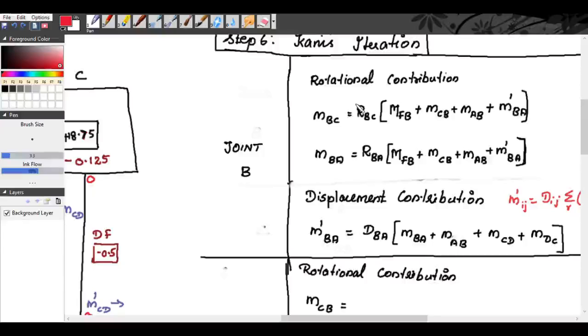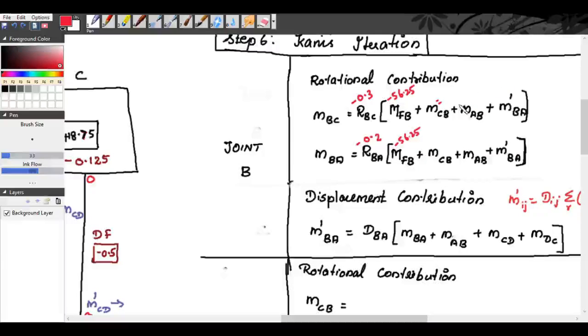So RBC is minus 0.3, RBA is minus 0.2. Similarly, MFB is also not going to change, it is minus 56.25. But these other values change, depending upon the iterations. Initially we will assume all these values as 0. For the second iteration, you will take the values from the first iteration. The procedure moves on like that.